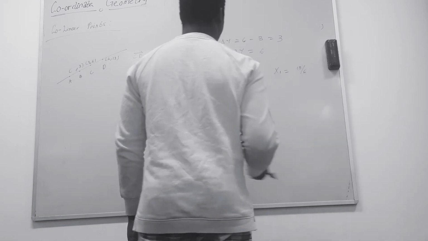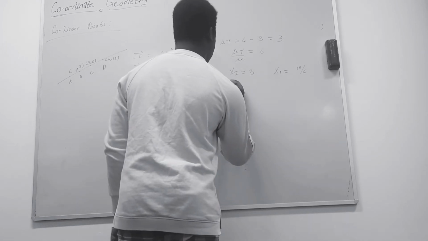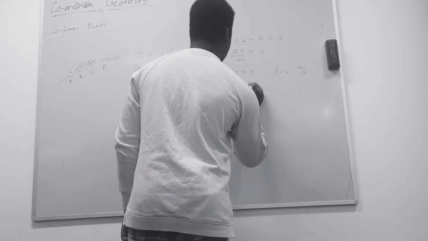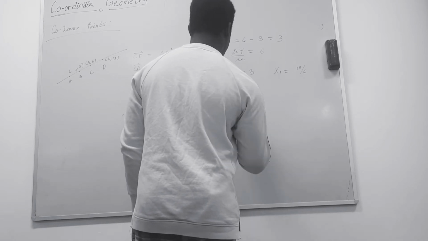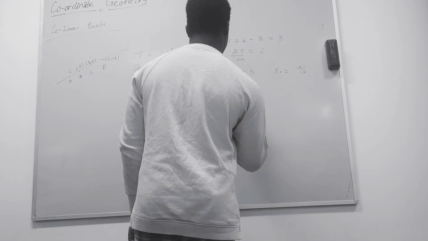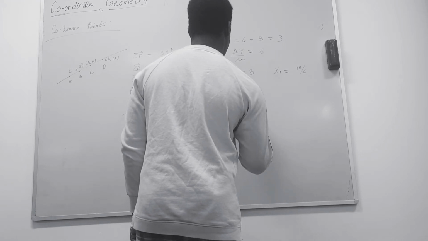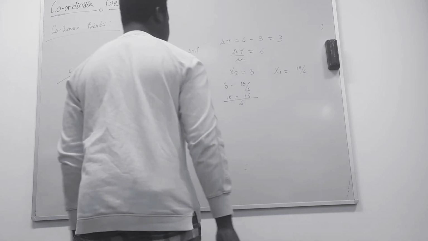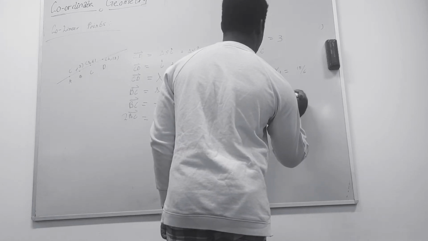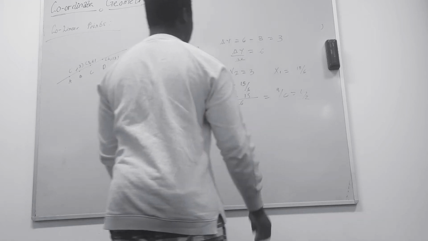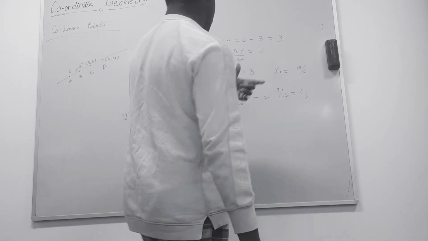So let me do x2 minus x1 now. That's 3 minus 15 divided by 6. And that's 18 minus 15. So I have 3 divided by 6 equal to a half. And delta y is equal to 3. So if you flip that, so you have 6.